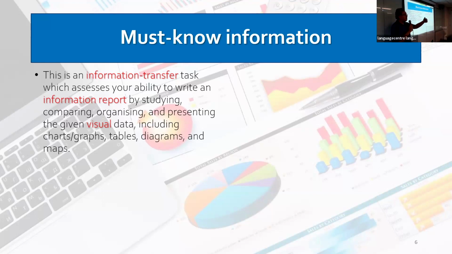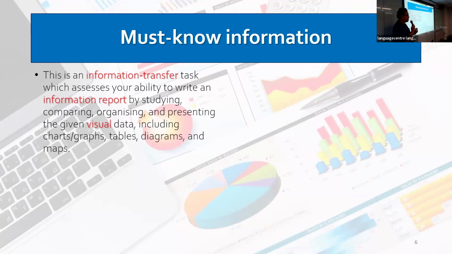That is, you are given some data in the form of visuals, like diagrams, maps, or tables or some charts and graphs. You are given some data to start with, and then you need to study the data and report them in your information report.